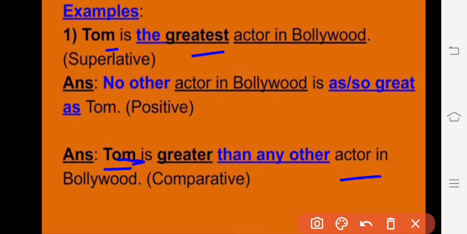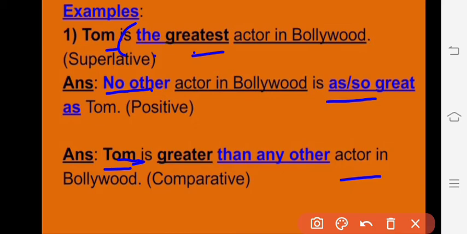Again I repeat, so listen. If the sentence contains the most or the est form, it is called superlative degree. If you want to convert into positive, apply "no other" and "so as" or "as."